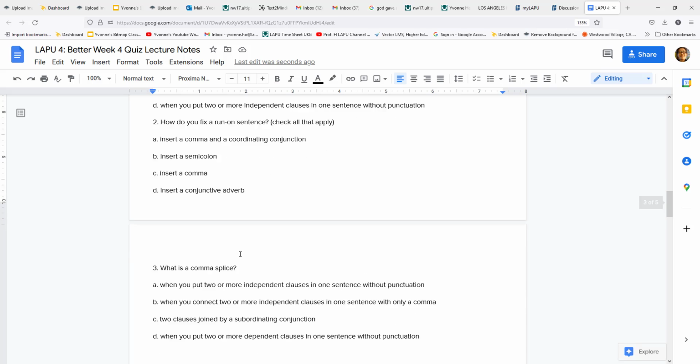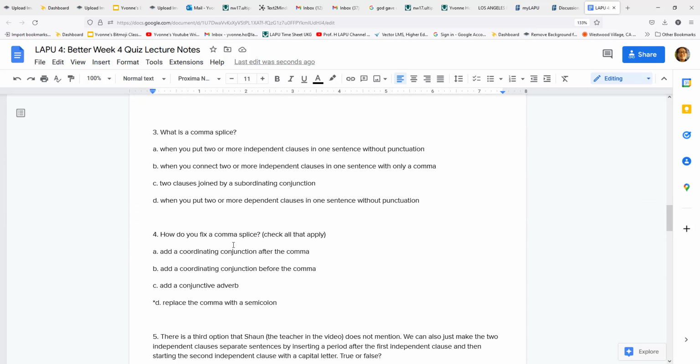Insert a conjunctive adverb. What is a comma splice? So a comma splice is when you join two sentences together with no punctuation, or it has an unnecessary comma. So when you put two or more sentences, two or more independent clauses in one sentence without punctuation, when you connect two or more sentences with only a comma.